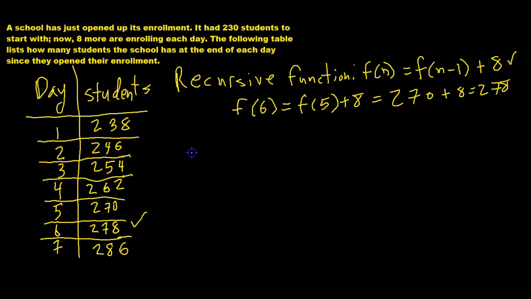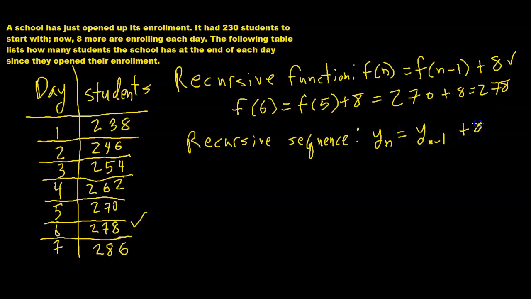That's the same way, right? We could write this as a recursive sequence, which is y n equals y n minus 1 plus 8, right? You see, these are pretty much exactly the same, except we call the first one we wrote a recursive function just because it's actually written in function notation.